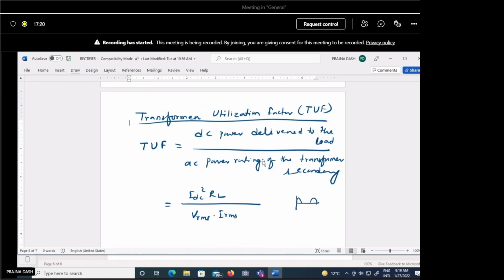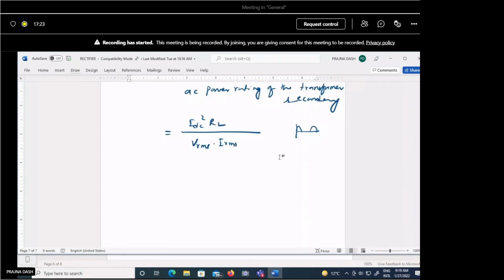Can anybody justify? Earlier, whatever we calculated, we got the RMS value as Vm by 2. But here, why this, overall from pi to 2 pi? In the secondary winding the waveform is like this, 0 to pi and pi to 2 pi.